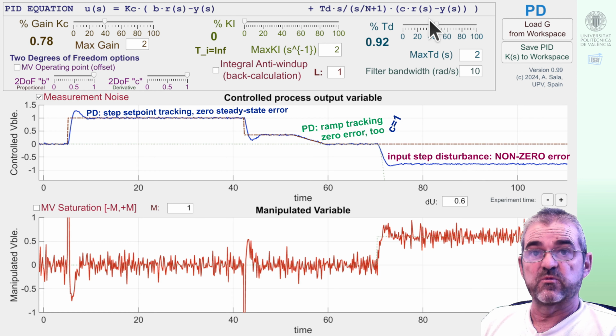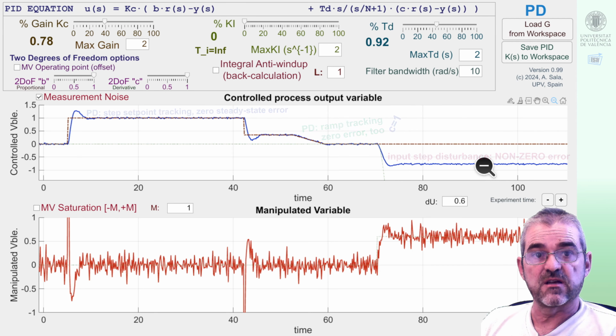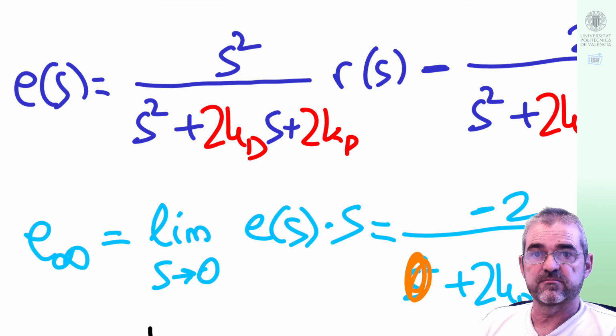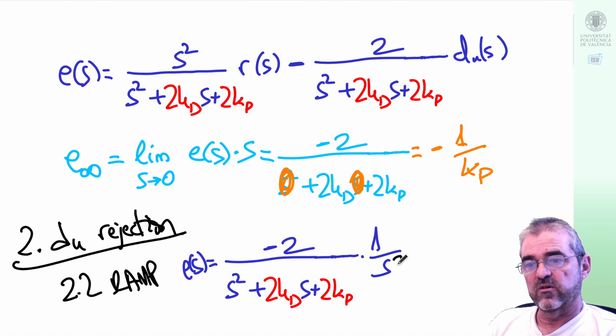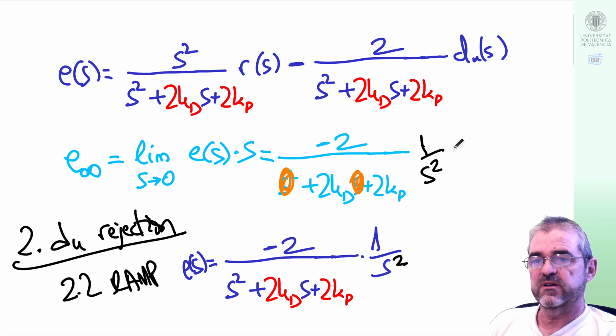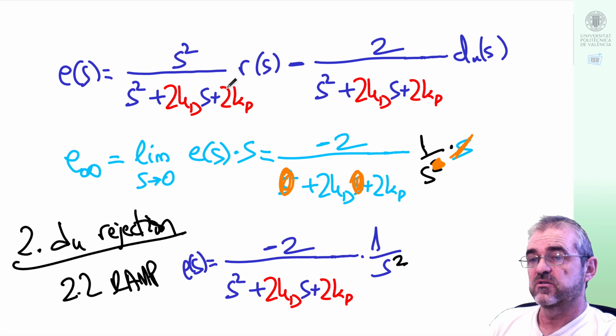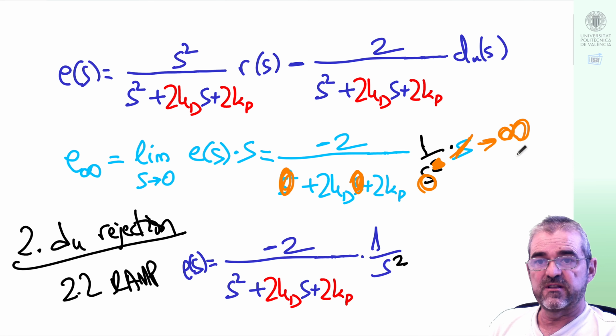And what will happen with a ramp disturbance? Well, very bad things, because if it cannot even follow a step, with a ramp things will go terribly wrong, as follows. This will be 1 over s squared, and even if multiplied by s, this will be cancelled with just one of these s factors. So when letting s go to 0, this will go to infinity.